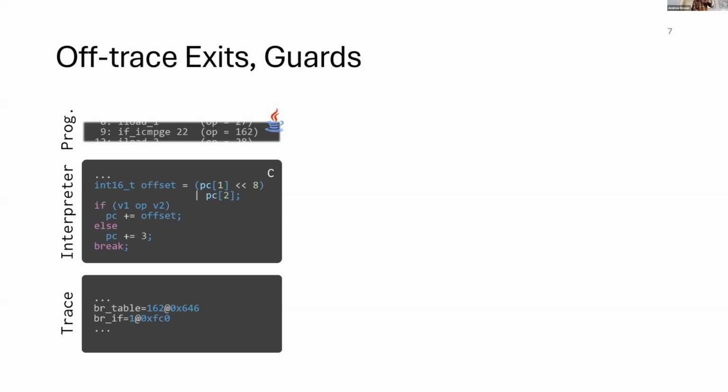Let's focus in on the comparison instruction in our loop up at the top, compare greater than or equal to. You can see the interpreter logic for that opcode, and how we would trace this part of the code. We'd have the branch table for the dispatch, dispatching to this bytecode, and then we'd have a branch if that records the decision taken to either exit the loop or not.